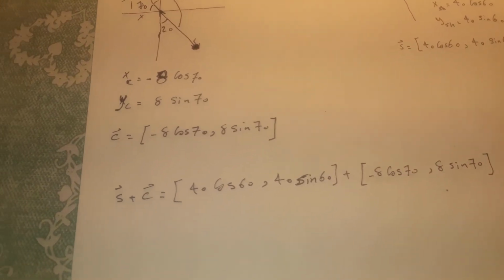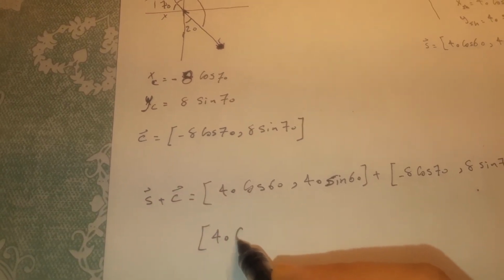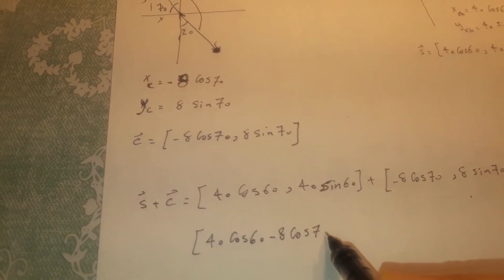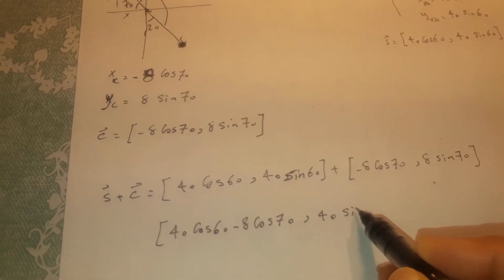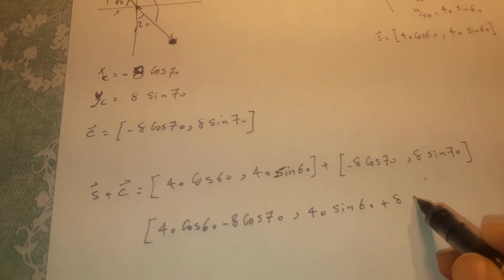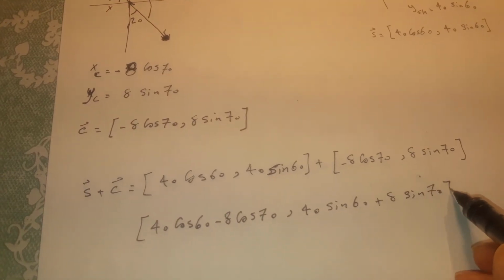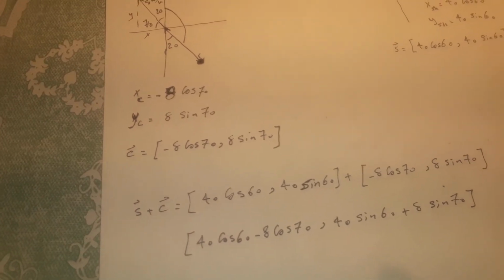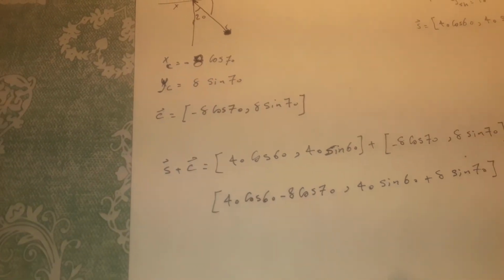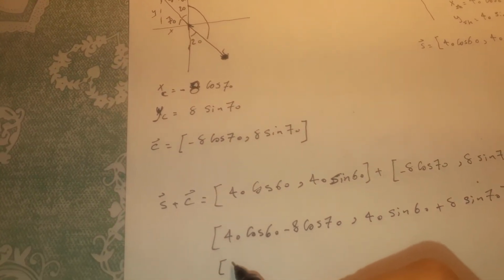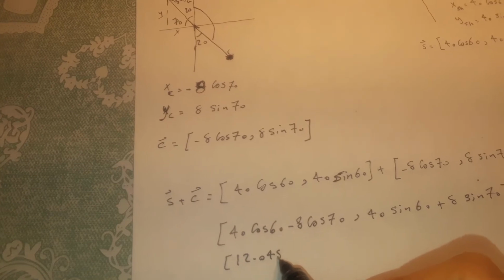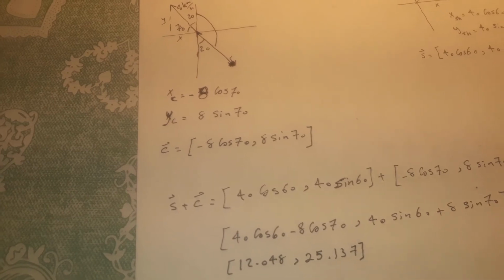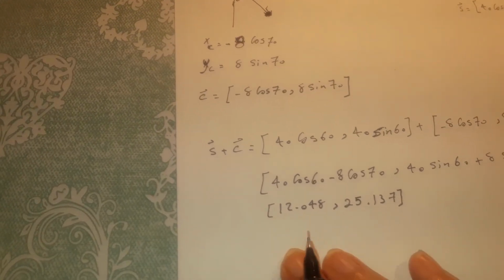You know how to add two vectors: just add the x components, and we add the y components together. 40 sine 60 plus 8 sine 70. Using a calculator, it would be 12.048 and 25.137. I need to find the magnitude of this resultant vector.